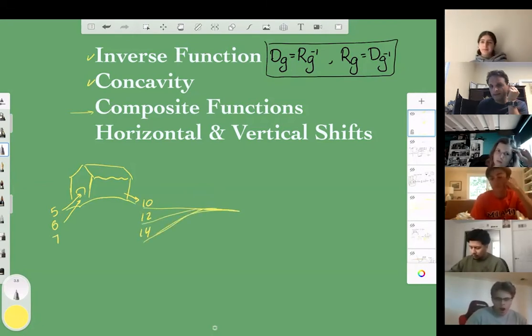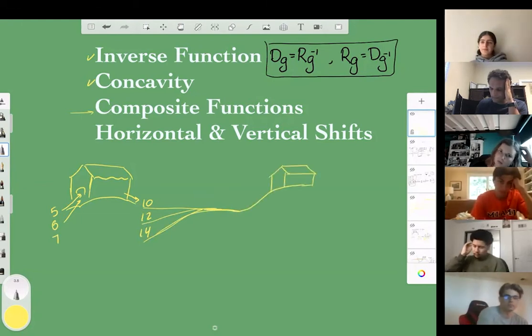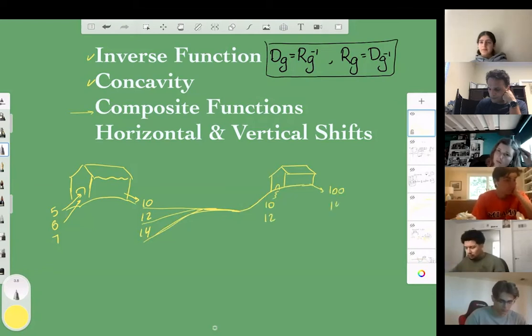And there's another factory here, for example. This factory, 10 goes inside, we get 100. 12 goes inside, 144. And I have no idea what 14 gives. I think it's 196.